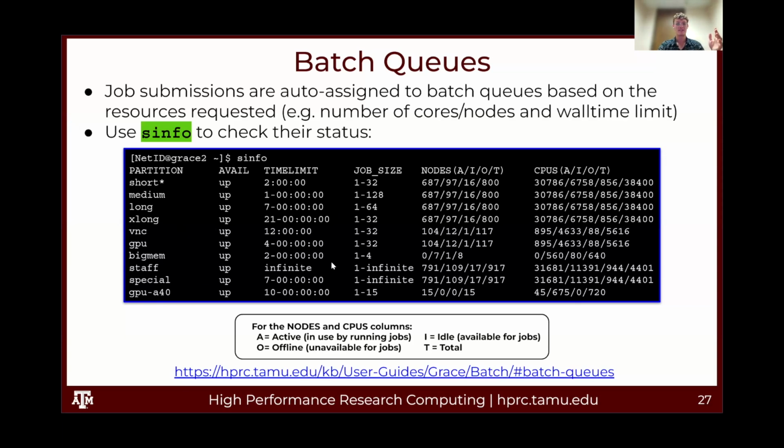If you submit a job that's less than 2 hours, it will be put into the short partition. So not everybody is put into the same queue, and you don't need to worry. If you submit something with a GPU, you'll be put into a GPU node. You don't need to wait for everybody who's not using a GPU, because those nodes are set aside for people who need GPUs.